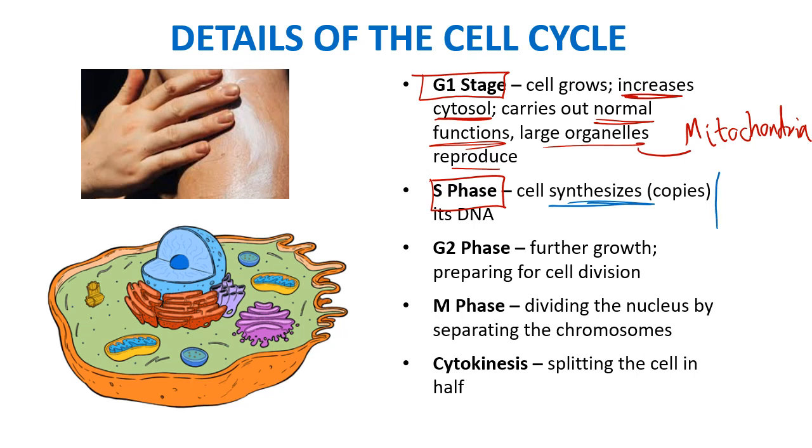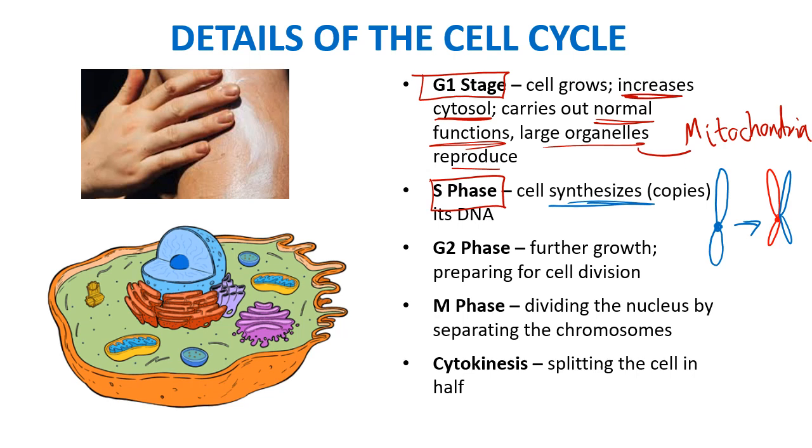The S phase, this is when the cell copies its DNA, synthesizes it. So chromosomes normally look like a single strand of DNA, and we often draw them like this. After the S phase, this is when they look like that typical X shape that we often see chromosomes as. And so after the S phase, it's got the old DNA and the new DNA that it's copied, ready to be split in half.